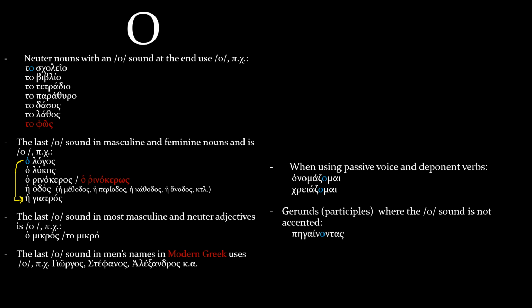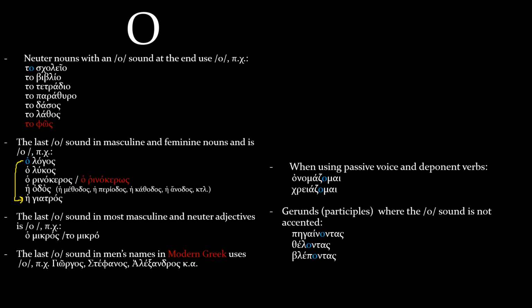Now, gerunds, which some people call participles, in English these are -ing nouns, like walking is fun, swimming is good exercise, watching baseball is boring. Gerunds where the O sound is not accented, that's really important, like pigainondas, which just means going or while going, and thelondas.